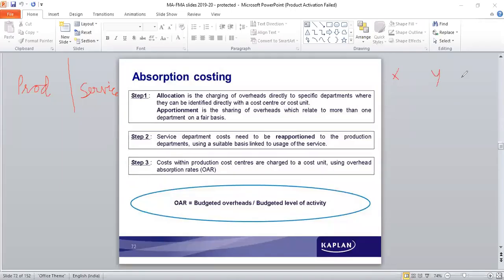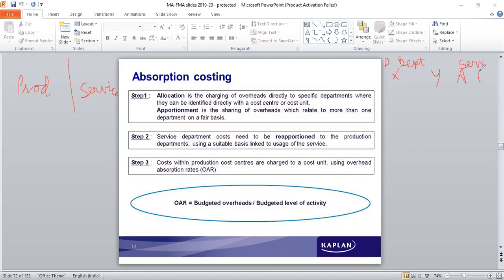Let's put this as departments X and Y. These are production departments producing product A and product B. Then we see that service departments are also there. They also incur some services: assembly, inspection, material movement, repairs, maintenance. These are all services which are rendered. Let's say the service departments are A and B.